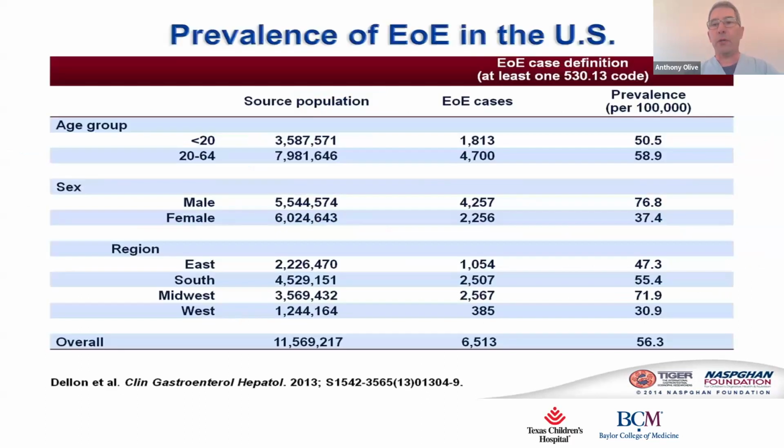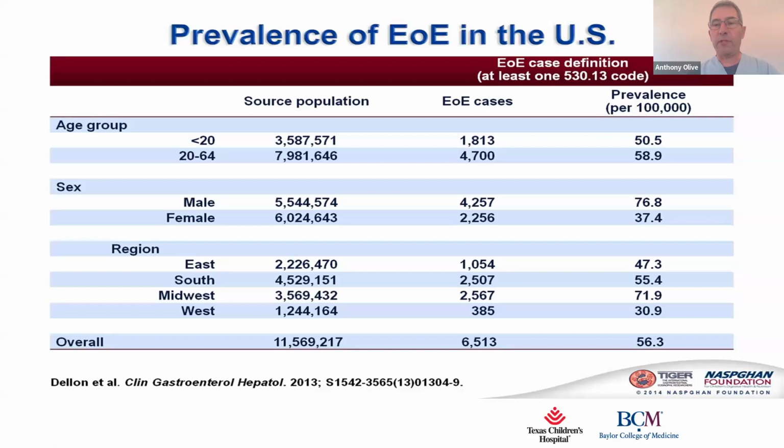So if you look at the prevalence of EOE, it really hasn't changed a whole lot since this report by Dellon et al. in 2013. Roughly about 50 to 60 per 100,000 people have EOE. We've known for a long time that males are much more likely to have EOE, up to a 3-to-1 ratio.